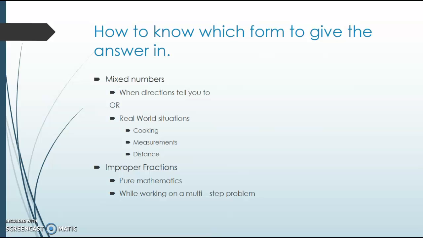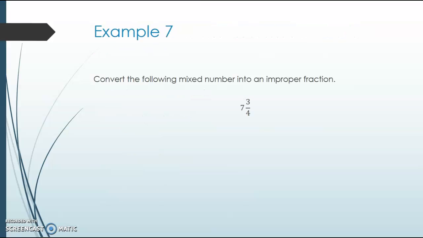And while working on a multi-step problem, improper fractions are easier to add, subtract, multiply, and divide than mixed numbers, because you don't have to worry about carrying over or borrowing. You've got everything you need in those improper fractions. So especially in higher level math courses in high school and college, they'll be fine with you leaving your answers as an improper fraction.